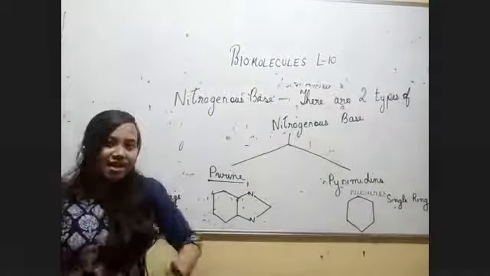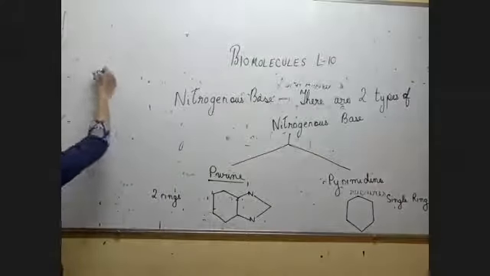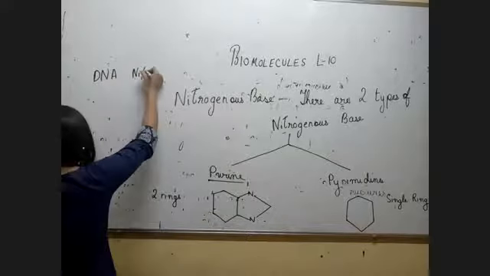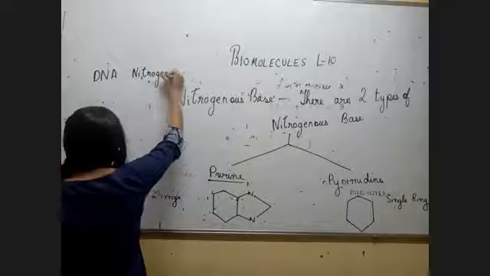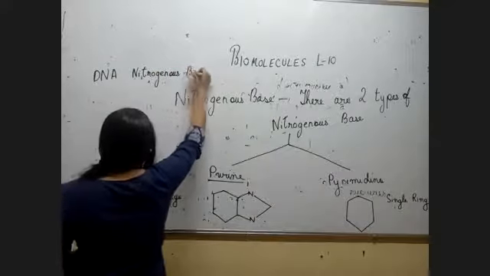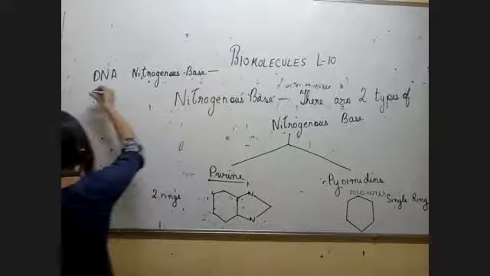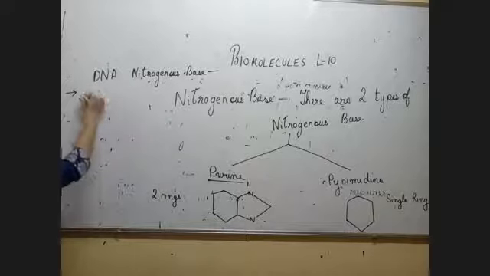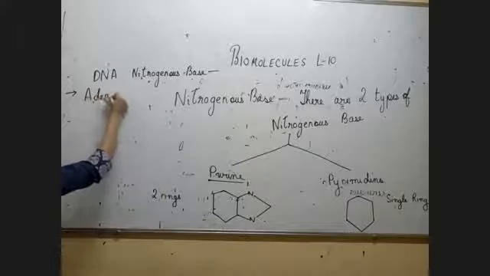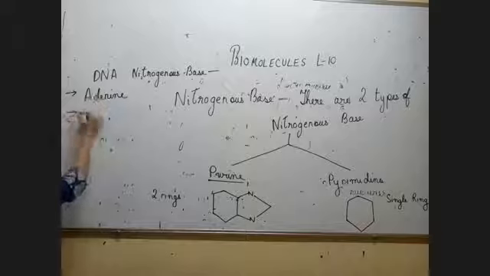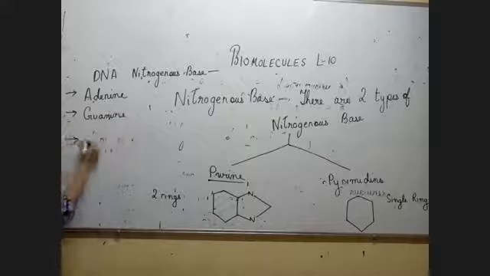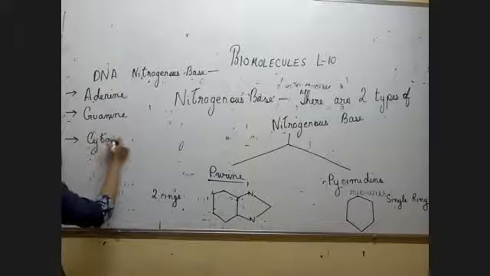See, nitrogenous bases in case of DNA: there are four types of nitrogenous base in DNA, adenine, guanine, cytosine, and thymine. Is this part visible on the screen?